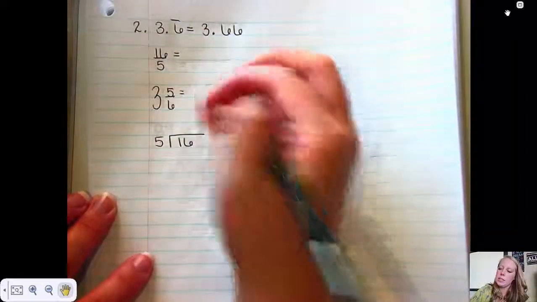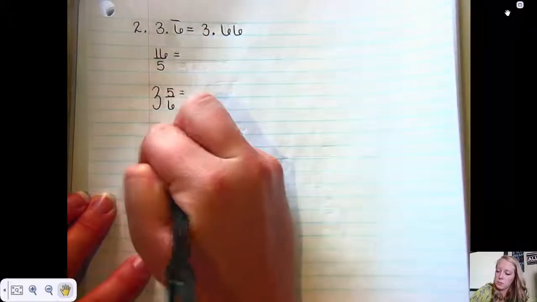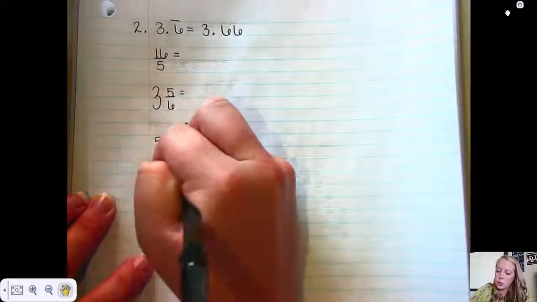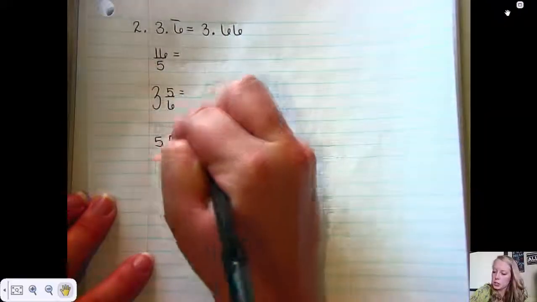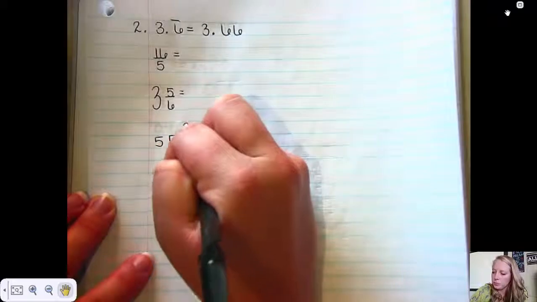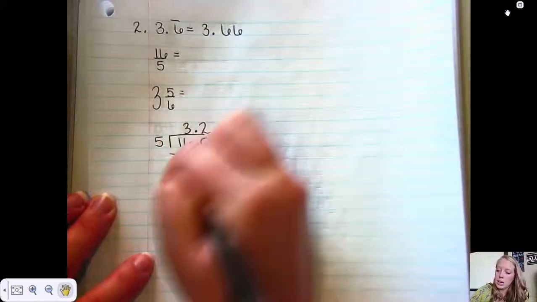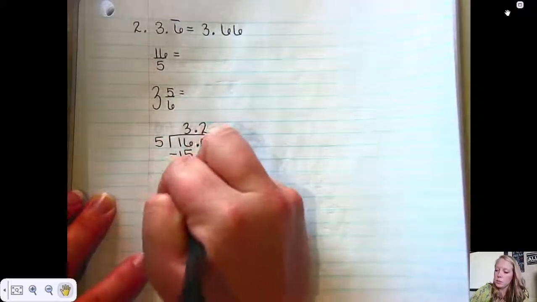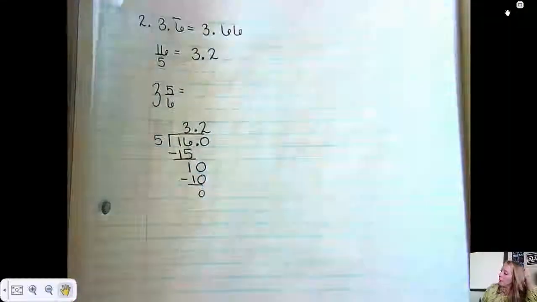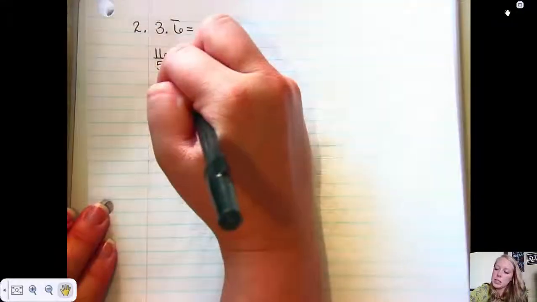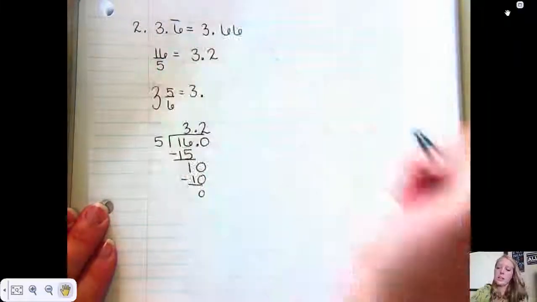5 would go into 16 3 times, and you would get a remainder of 1. Put your decimal and a 0. 5 goes into 10 exactly 2 times, so this is 3.2. And then this last one, we know it's got a 3 to the left of the decimal.